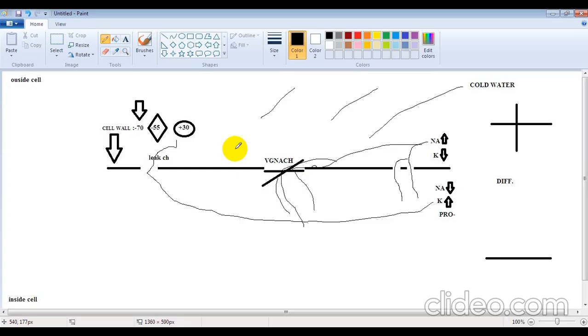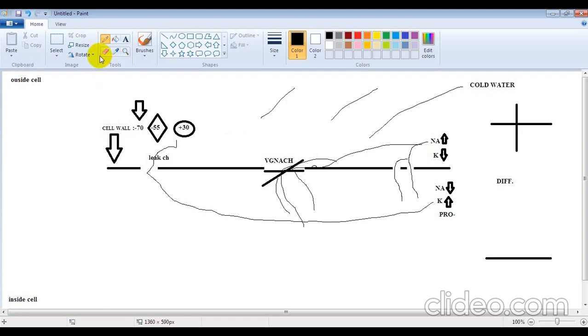When this cycle begins to start, we have a disturbance in ion. The sodium enters in high amount inside the cell, and the potassium leaves the cells.